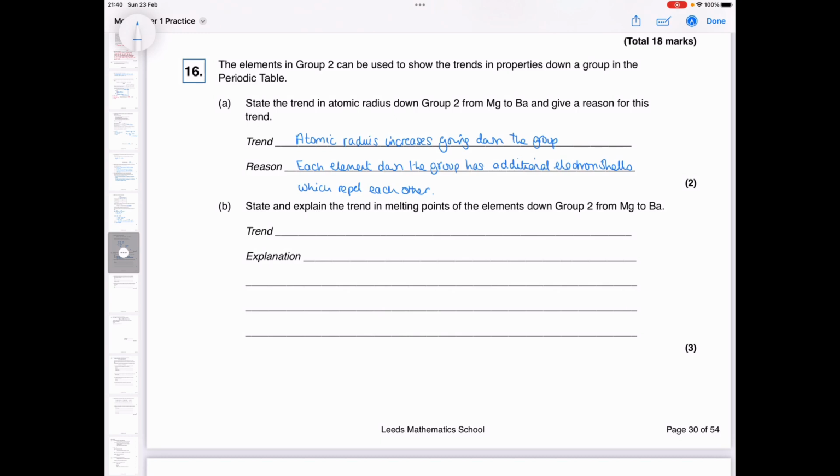Okay, part B, state and explain the trend in melting point of the elements going down group 2 from magnesium to barium. So the trend, melting point decreases as you go down the group. And the reason for that is that the metallic bonds are weaker.